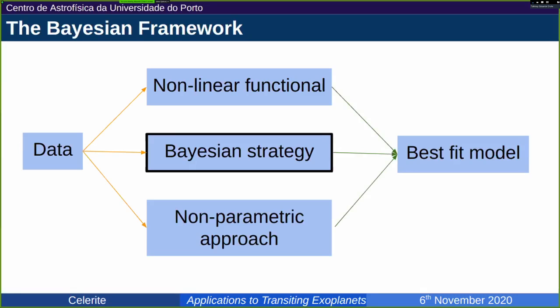A non-parametric approach can also be followed, adopting a set of nodes across the variable space and using a spline or a kernel to describe nonlinear relationships. One more alternative is the Bayesian strategy, which is able to directly model the underlying function. In this approach, it is necessary to specify a full probability model for the problem and assign probability densities for each model and non-variable. For this, we can employ Gaussian process models, for example.